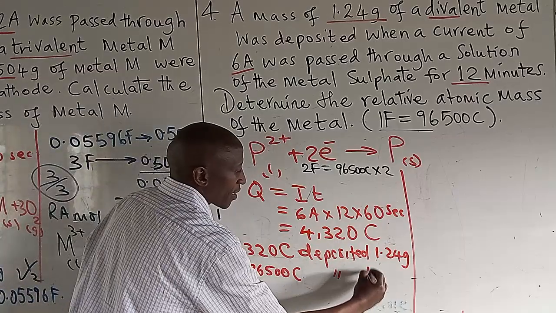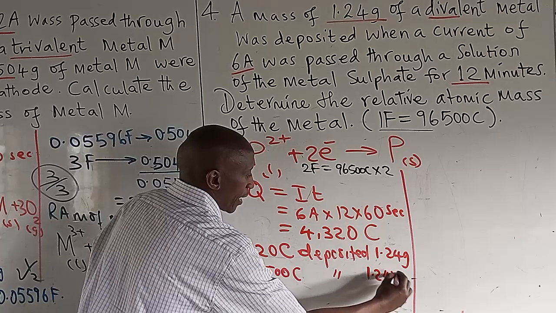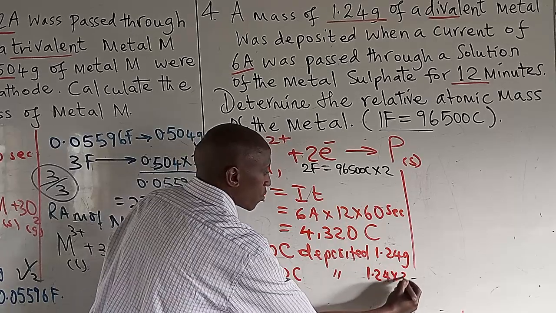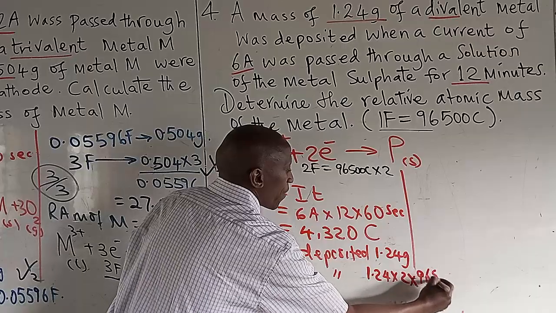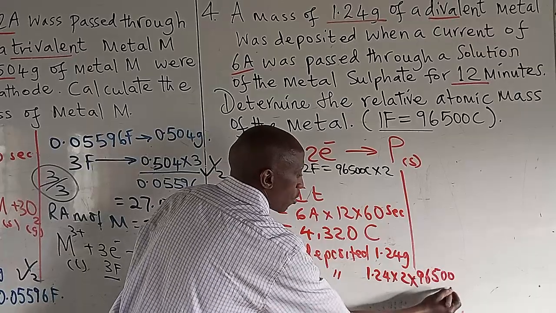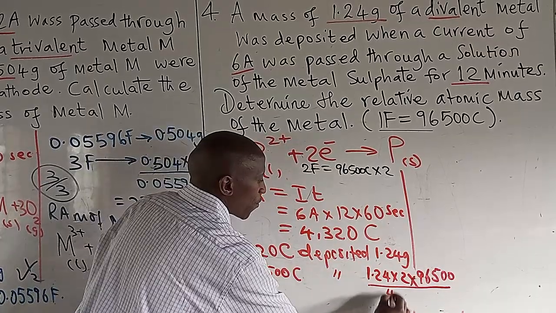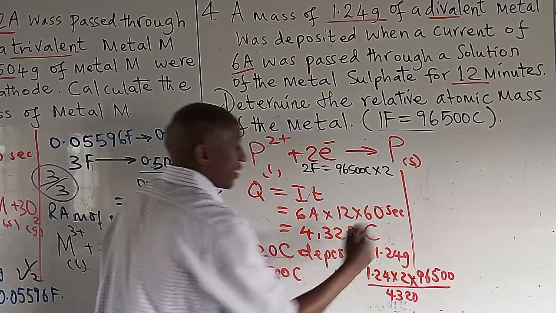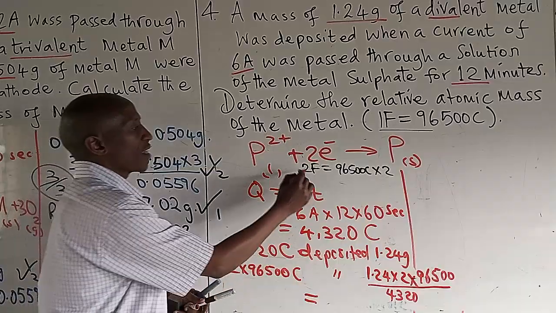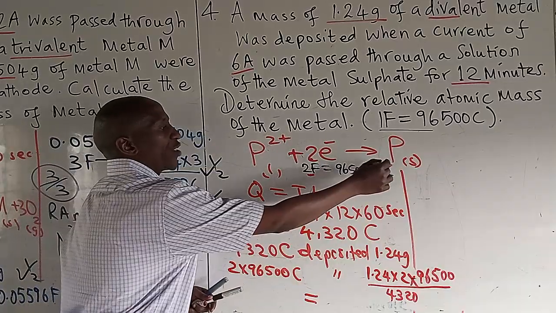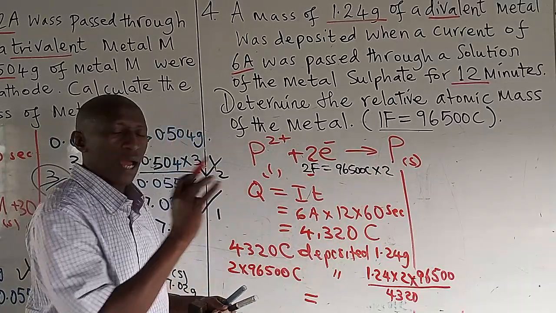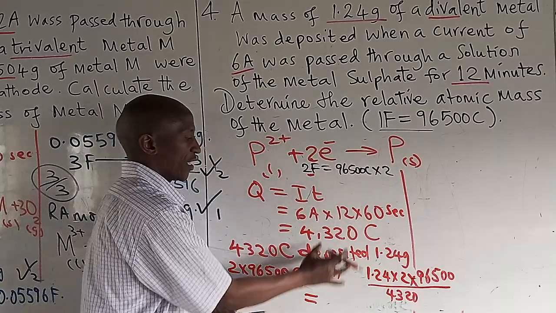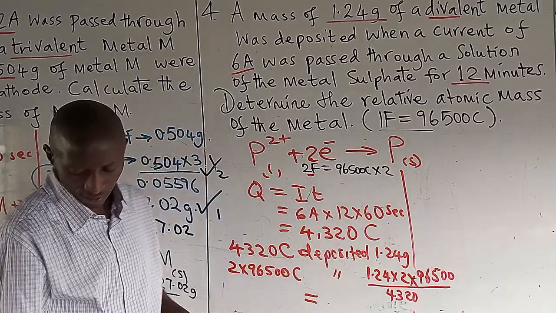We calculate that as 1.24 times 2 times 96,500. We divide that by 4320. So viewers, key in that so that you can say, these 2 Faradays here, how much in terms of grams will they deposit going by this area working?